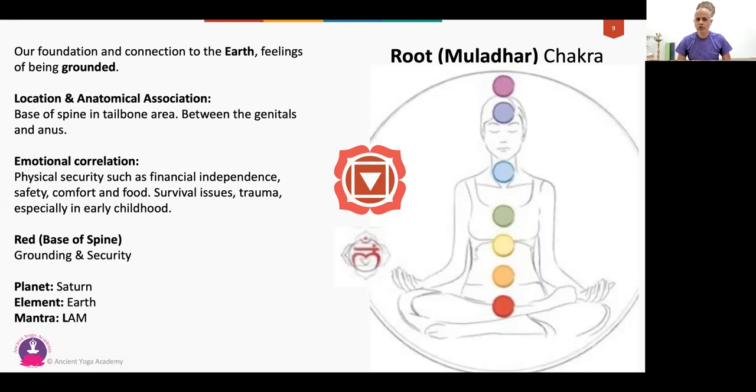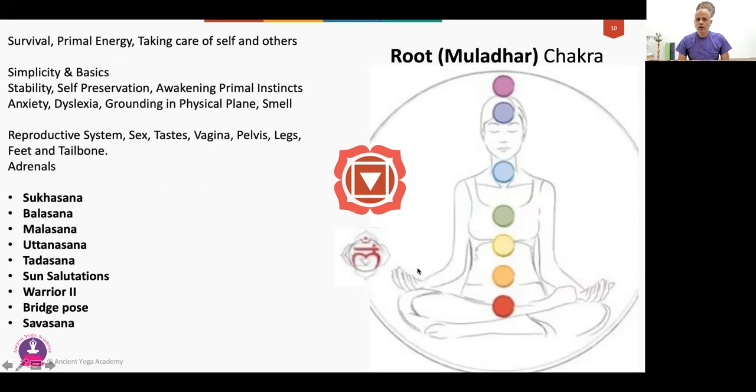This root chakra also represents the planet Saturn, and it affects the earth element. It is very, very important for stability, and it is also, as human beings, our instinct.